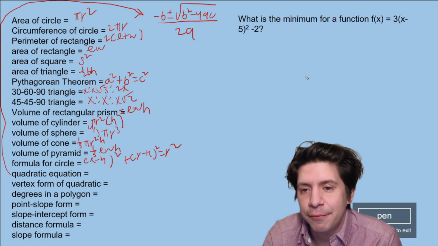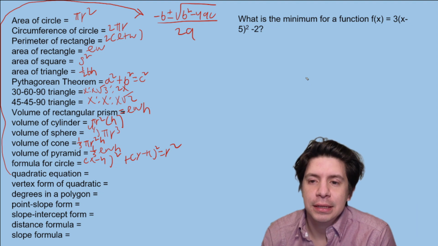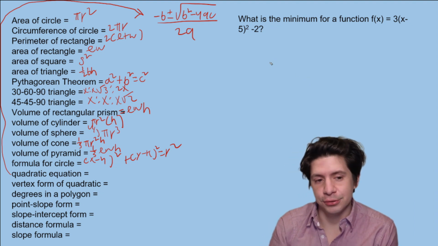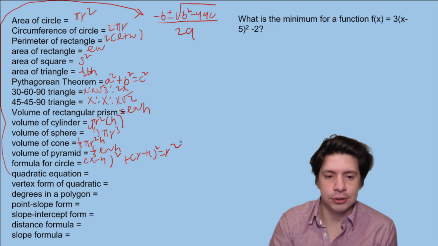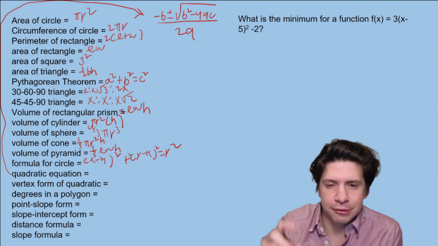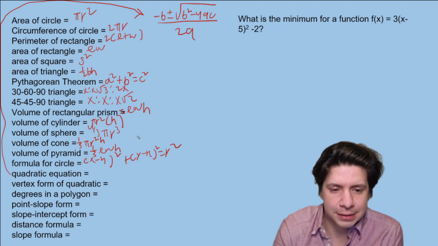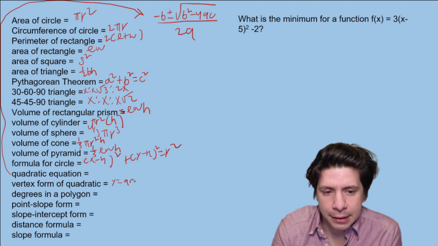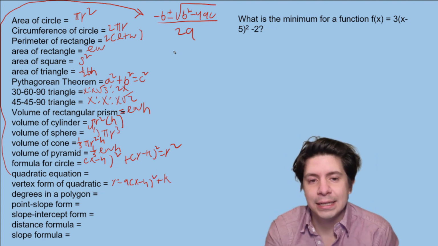What is the minimum for the function f of x equals 3 parentheses x minus 5 squared minus 2? So this is for the vertex form of a quadratic. Like the formula for a circle, where you're finding the center, here you're finding the vertex, and it is y equals a x minus h squared plus k, where h and k equals the vertex.